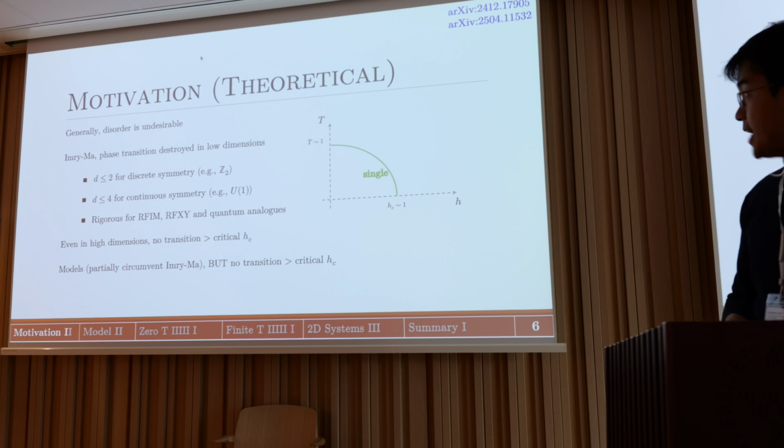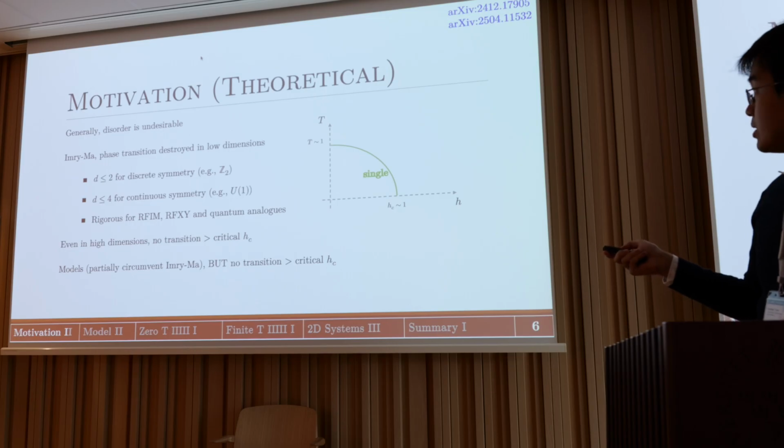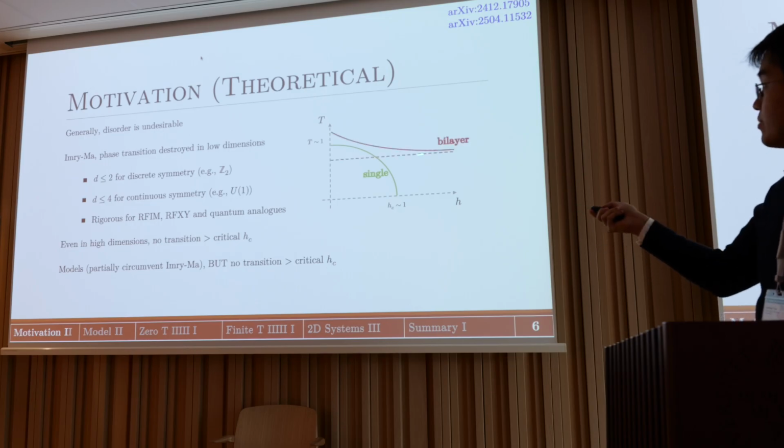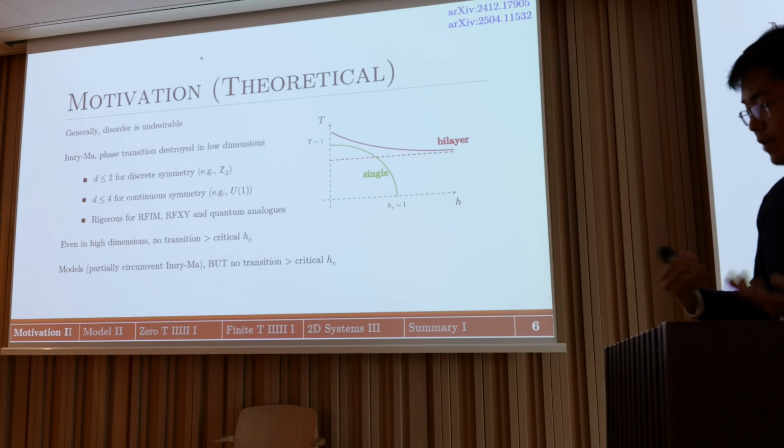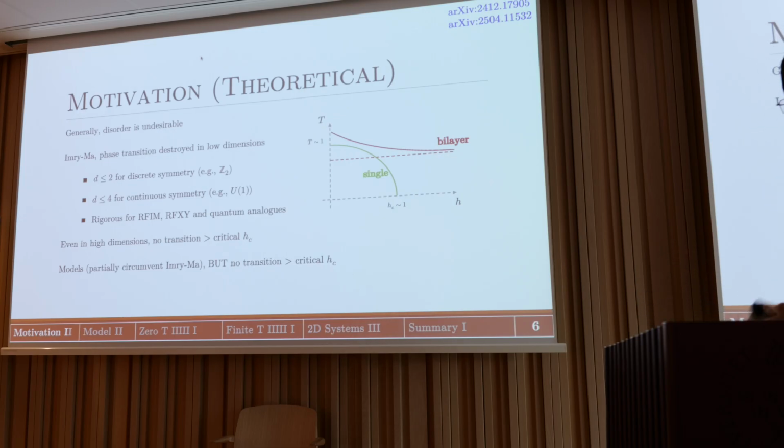And the question I want to answer is, is there a model that can exhibit something like this? Now, of course, you have to consider specific types of disorder. You can't just add everything. But even when you consider specific types of disorder, is there a model that has a transition temperature that is asymptotically non-zero in the infinite disorder limit? That's what I'm trying to consider.